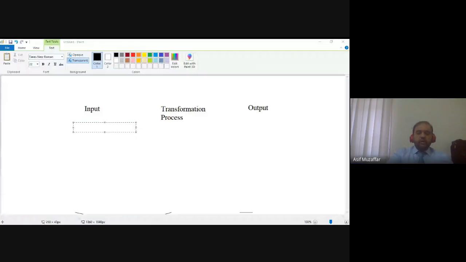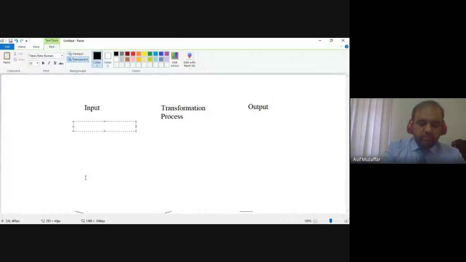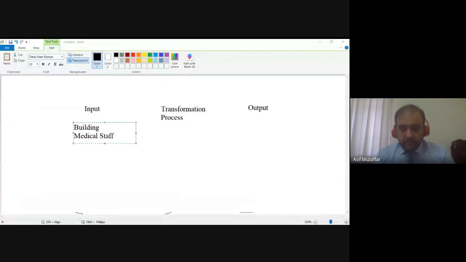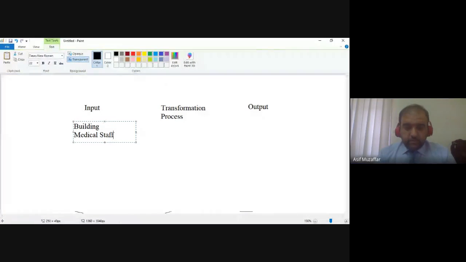So you are starting a hospital, you need someone. Yeah, you need a building. Okay. You need the staff, medical staff, building is there, medical staff is there. Medical staff means doctor and nurses. If you want to write it like that, it's also fine. Then medical equipment, good.